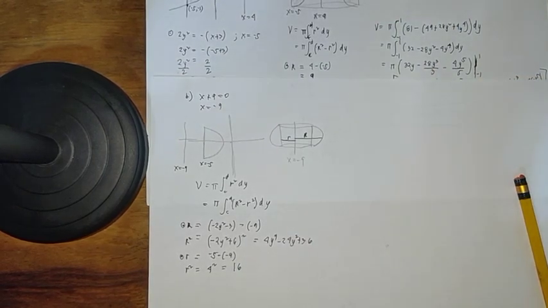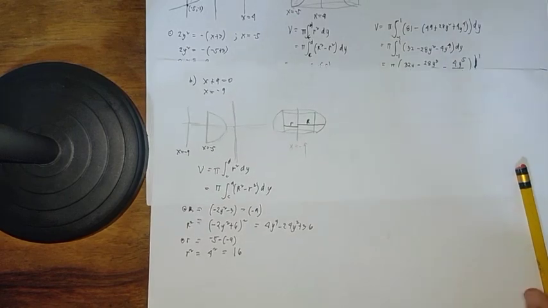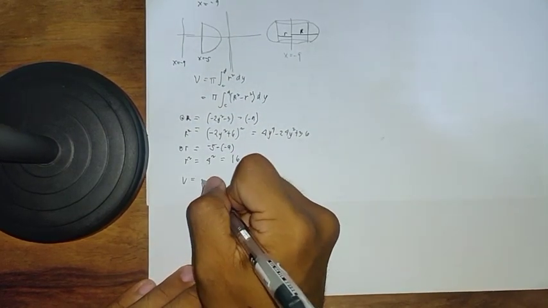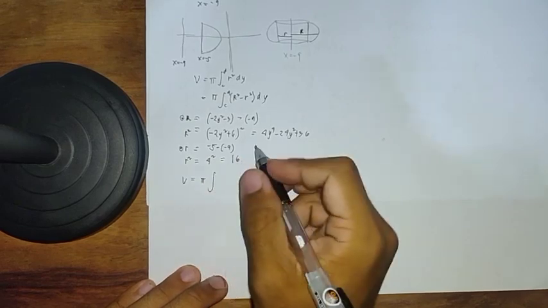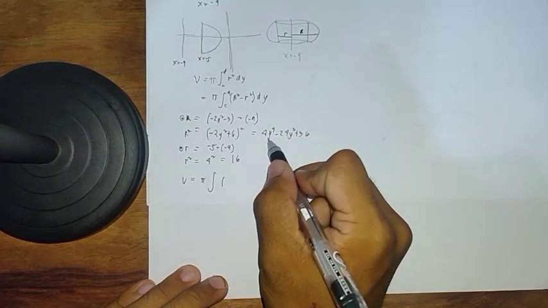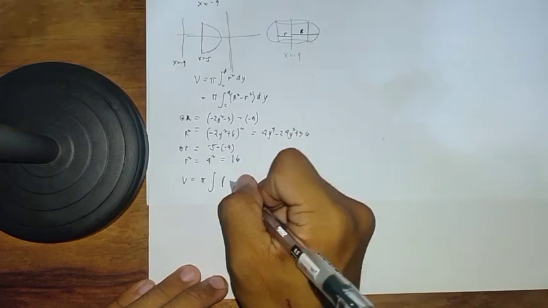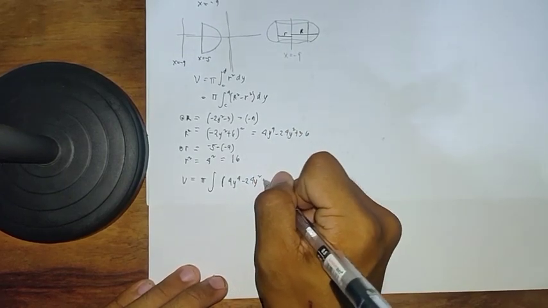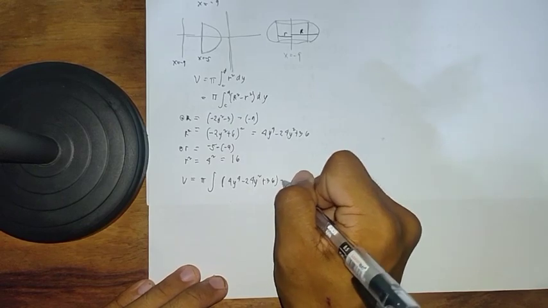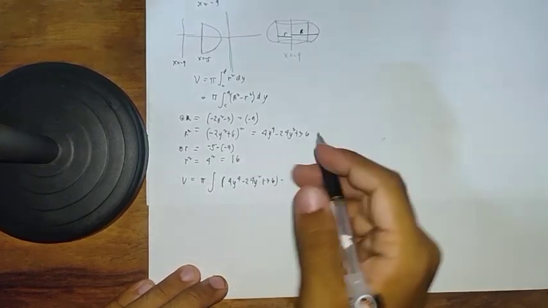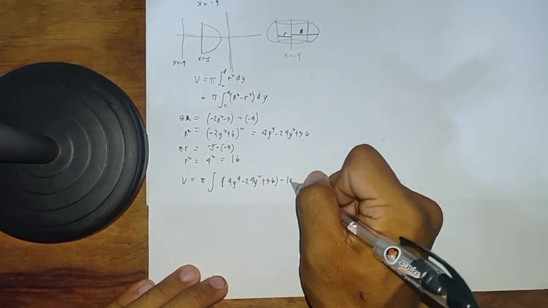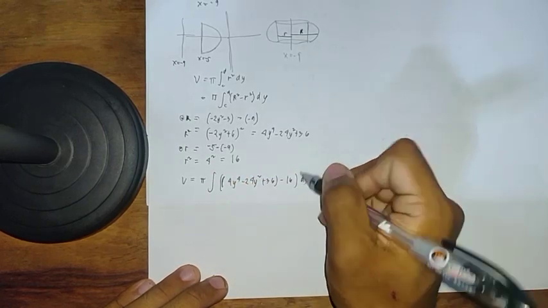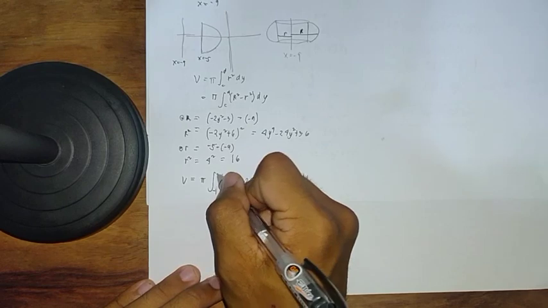Then, yung gagawin na natin is input na lang siya sa main formula. So, v is equals to pi times the integral of yung r na malaki squared is ito: 4y raised to 4 minus 24y squared plus 36 minus yung ito, so 16, dy from negative 1 to 1.